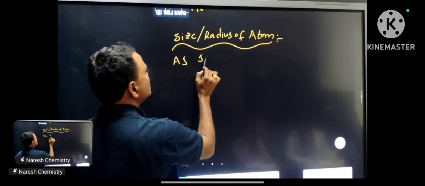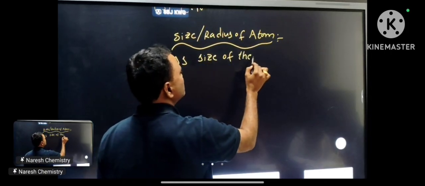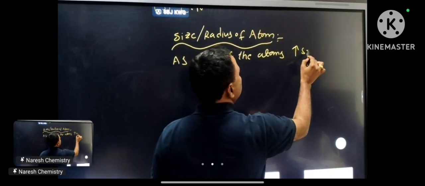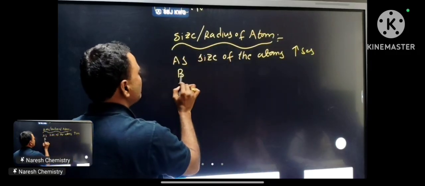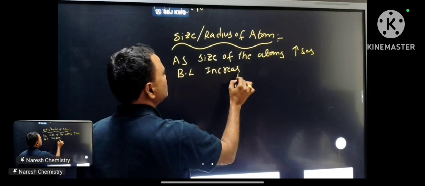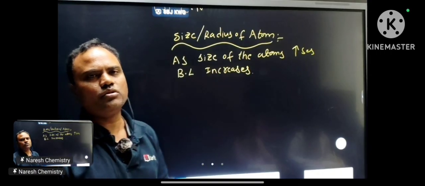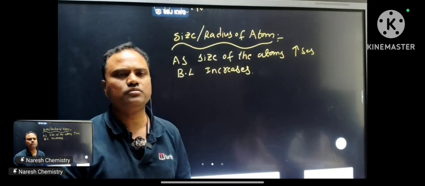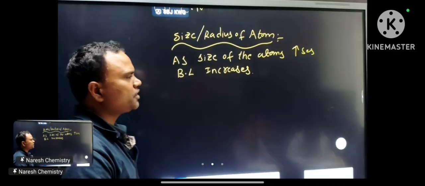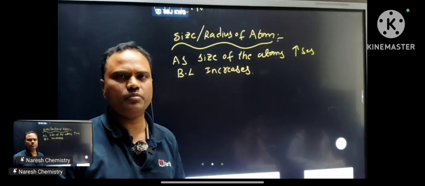As the size of the atoms increases, bond length increases. Under bond length only, we can discuss bond strength also. After completing bond length, we will discuss bond strength simultaneously.